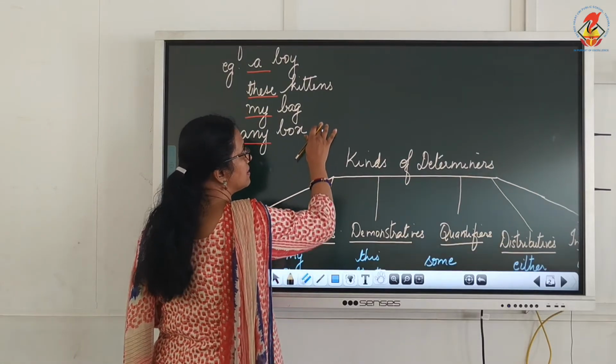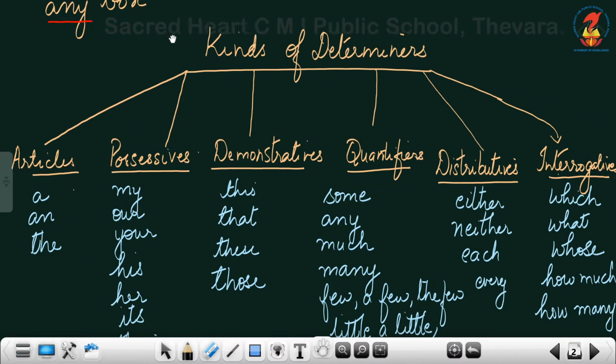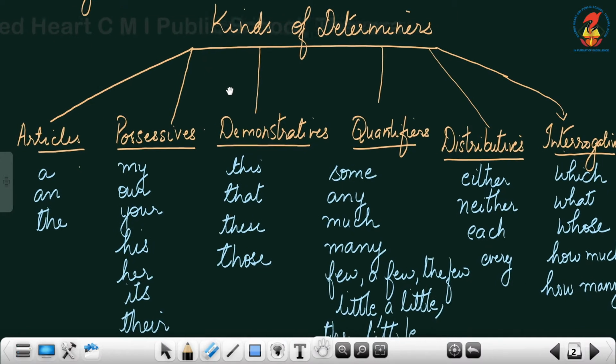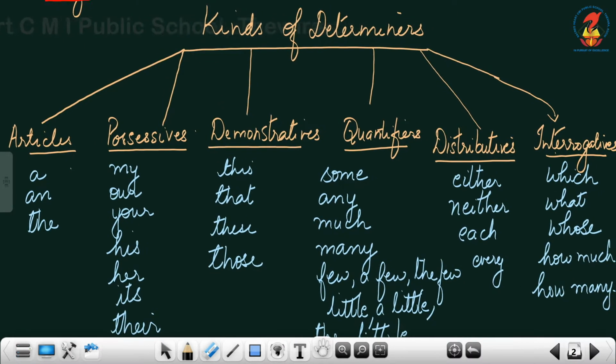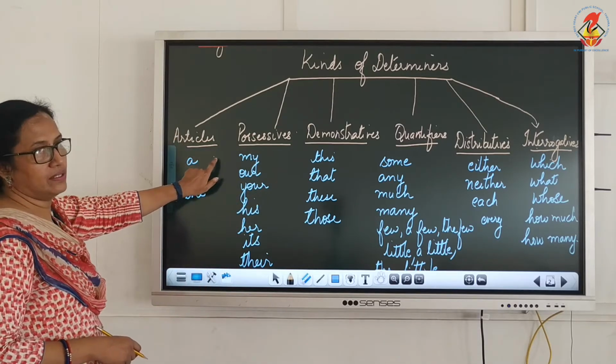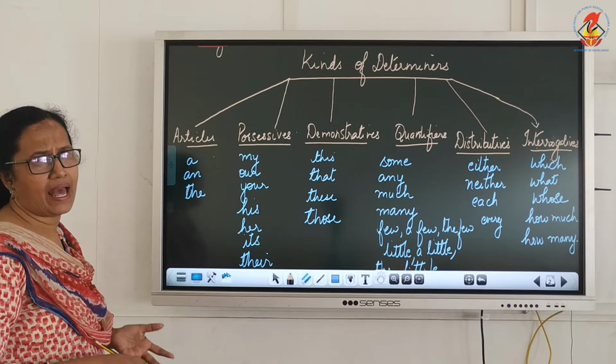Now determiners can be bifurcated into different types. Here are the different kinds of determiners. First one is articles. Articles you have been learning from the very first standard, the use of a, an and the.